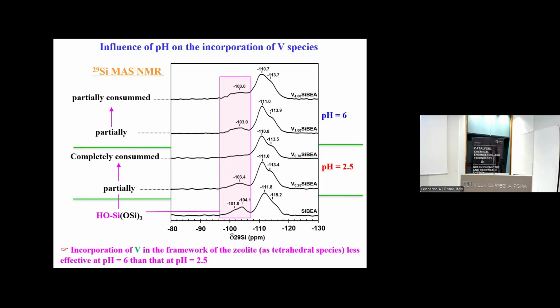When we have only 0.7% of vanadium, there is already consumption of this band. In contrast, in the case of preparation at pH 6, we can observe that this band is not consumed completely. It's only partially consumed.